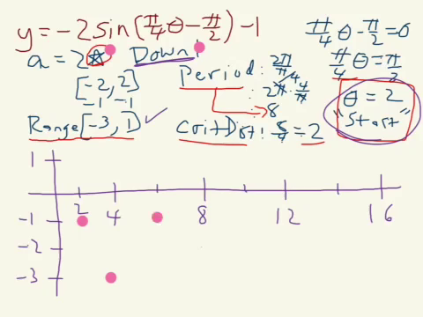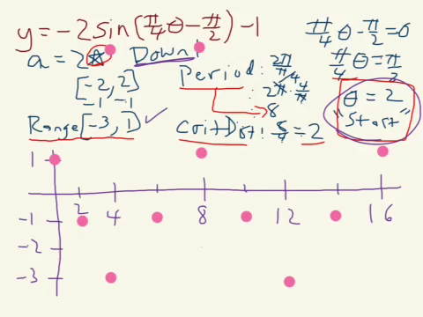Then the next point is the equilibrium, maximum, equilibrium, minimum, equilibrium, maximum. If you back up 1, it goes from equilibrium to maximum. So you can see we have 2 full periods because it goes from a max to a max.